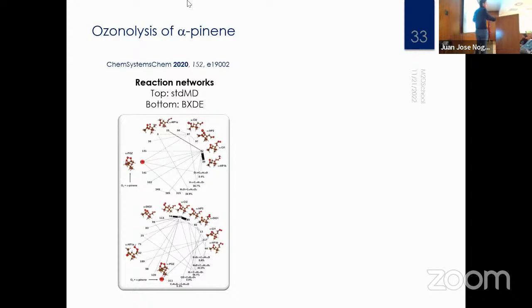Both of them are for the same simulation time, not computational time. As I said, there is an issue with this calculation. For the same simulation time, which I forgot how much it was, I guess 1 nanosecond in total. Look, we get more density of edges and more nodes for DXD compared to standard MD, which again is telling us that DXD is more efficient.